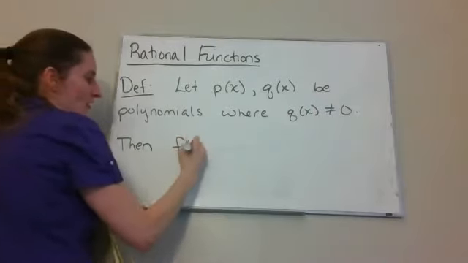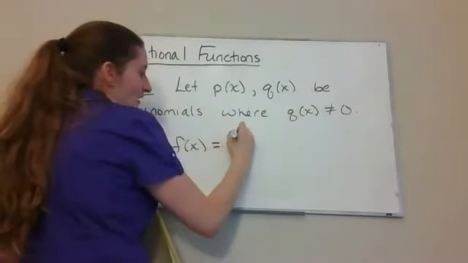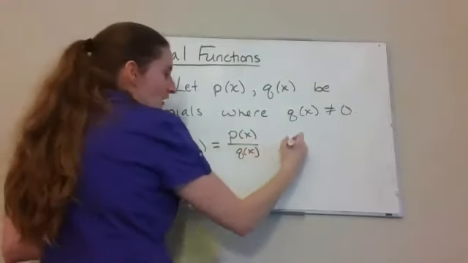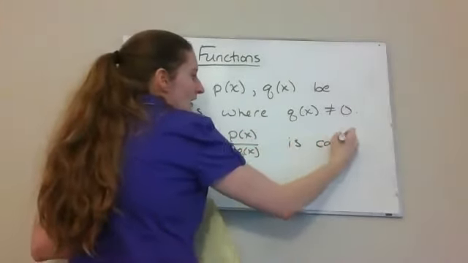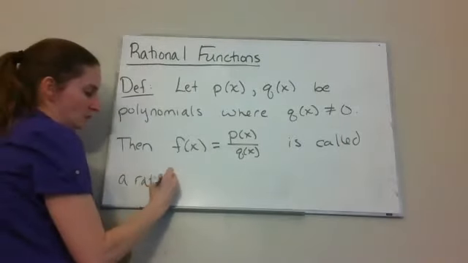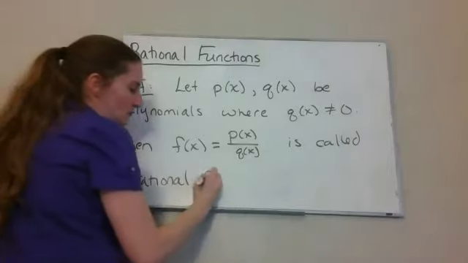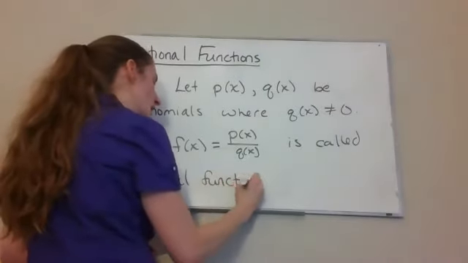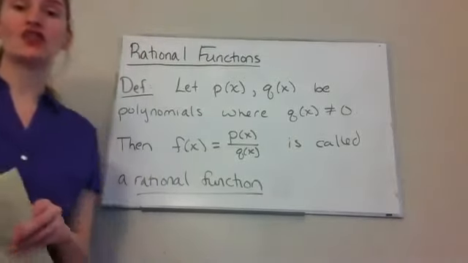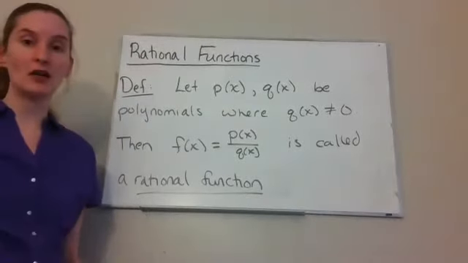Then the function that's defined by P of x over Q of x is called a rational function. So a rational function is just a ratio of our polynomials.